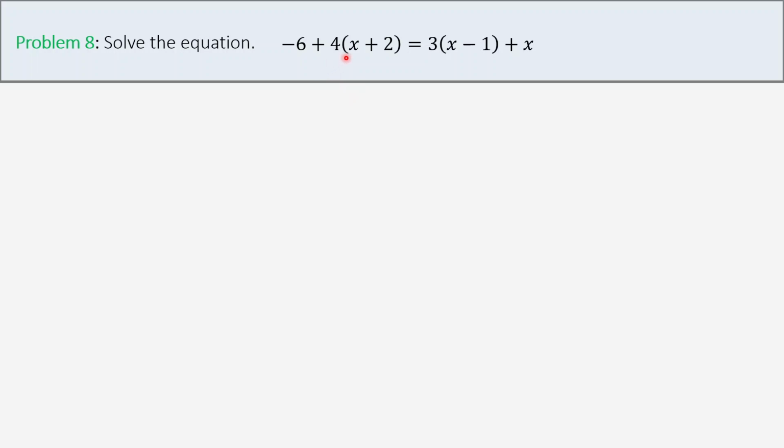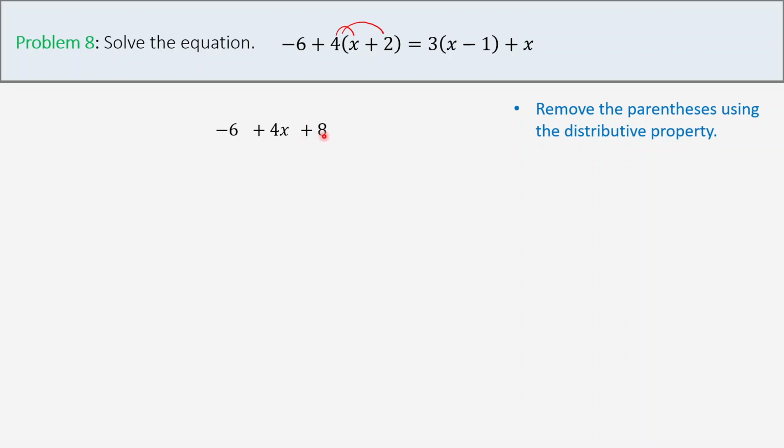First, remove all these parentheses by using the distributive property. Negative 6 multiply positive 4 and x, you get a negative 4x. Multiply negative 6 and positive 2, you get a negative 8... is equal to multiply 3 and x, you get a 3x.